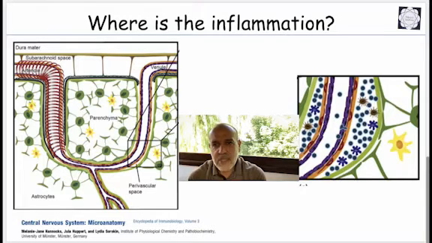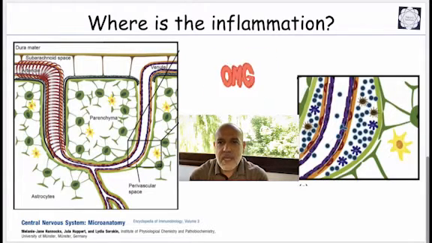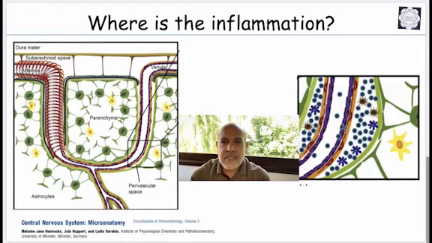From the inner side to the outer side, we first have the endothelium with its basement membrane, and in this membrane you can find the pericytes, then the smooth muscle cell layers, then the pia mater with its own basement membrane, the first layer of the pia mater, then the perivascular space.